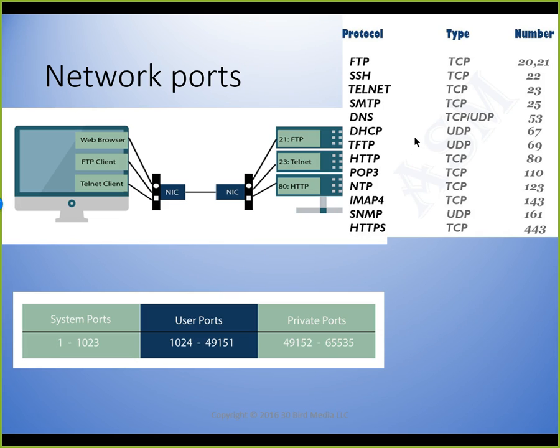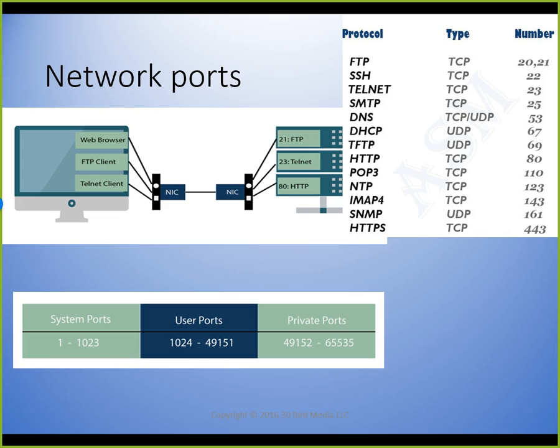Down at the bottom, the system ports, the well-known ports, 1 to 1023. User ports, 1024 to 49151, and then private ports, which are also called ephemeral ports, 49152 to 65535. So we have 65,535 of them.